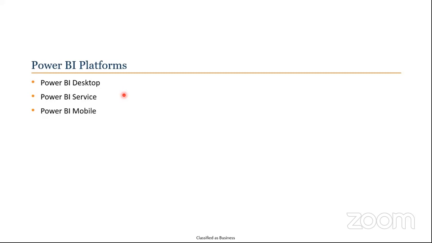We can develop all kinds of visuals as per the data, and from there share the reports to the service. Finally, we can give access to the end customers to take proper actions, whether on desktop, laptop or mobile applications, and we can deliver it as an app-like environment so they can view the data on mobile as well. These are the different types and forms of platforms it supports.